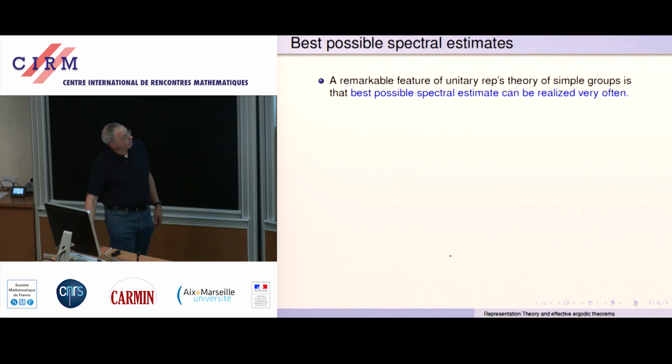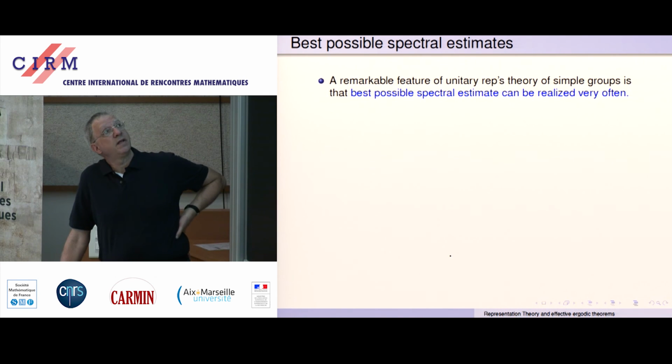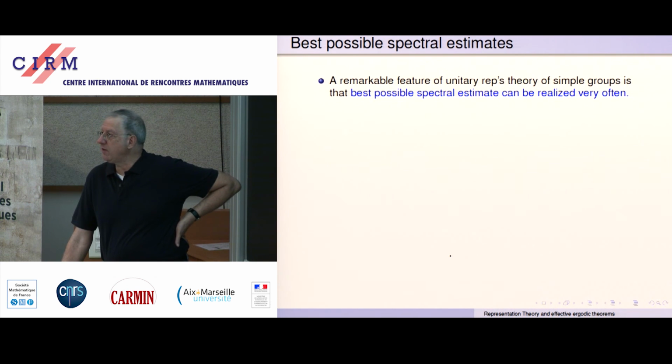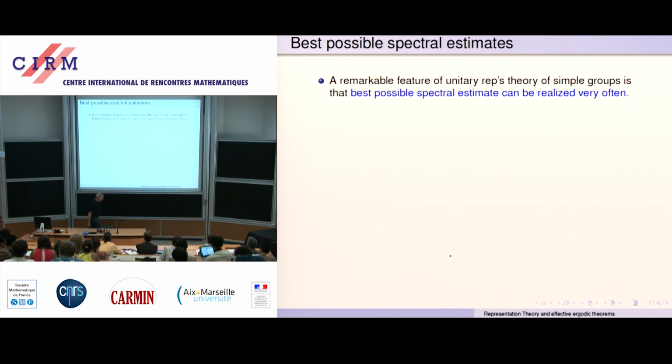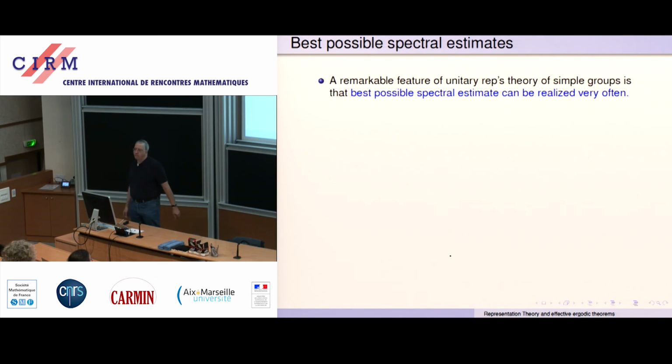And it's a very remarkable feature of the unitary representation theory of simple groups that the best possible spectral estimate can be realized very often. I mean, this is a truly remarkable fact. Because you might think that it's very rare and it's very hard to realize, but actually it's very common.